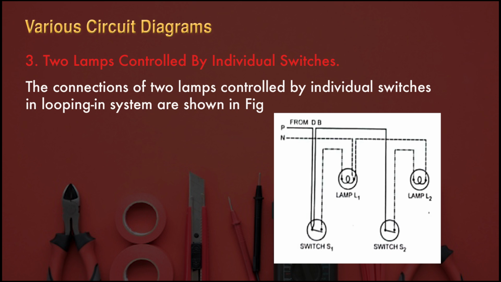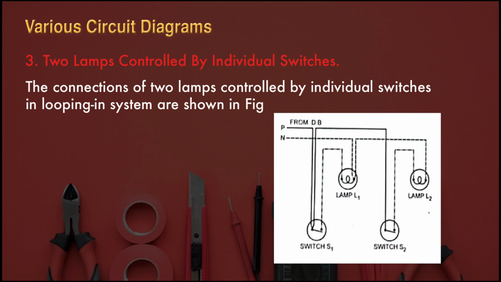So what will you do? Just connect one terminal of the switch from the phase, and then looping can be done from switch S1 to switch S2. That means the phase wire goes firstly to switch S1 and then from switch S1 to S2, and the neutral can be directly connected to lamp L1 and lamp L2.